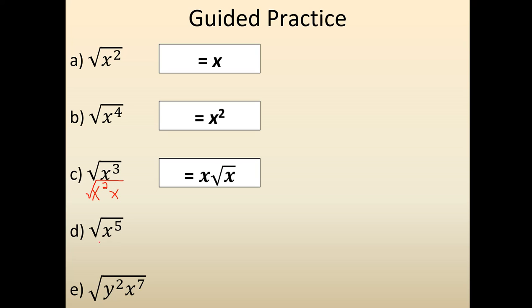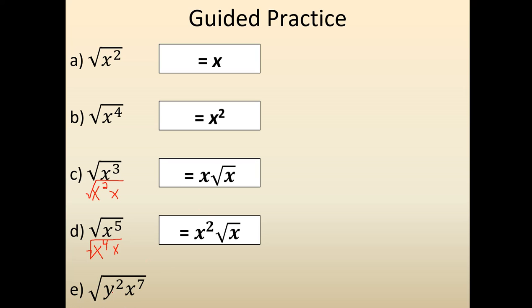Same thing with x to the fifth. This can be rewritten as x to the fourth times x. And just like we saw in B, the x to the fourth can be rewritten as x squared. So it'll just be x squared times radical x. For the most part, when you simplify these, if you started with an odd exponent, there's always going to be one extra variable left in the radical.